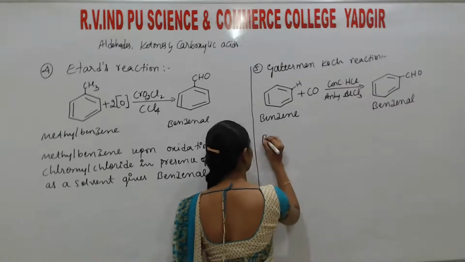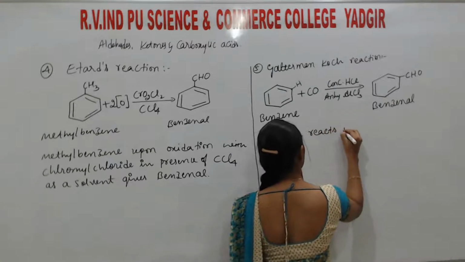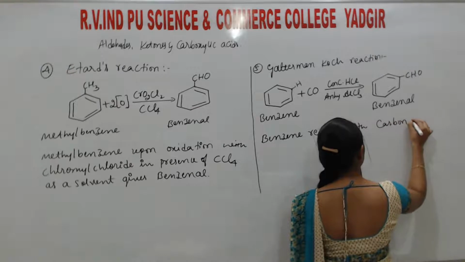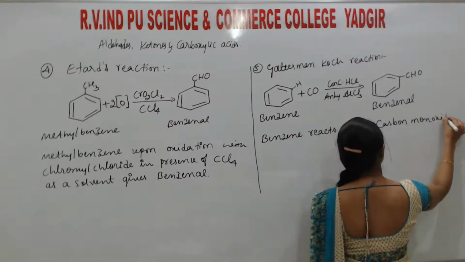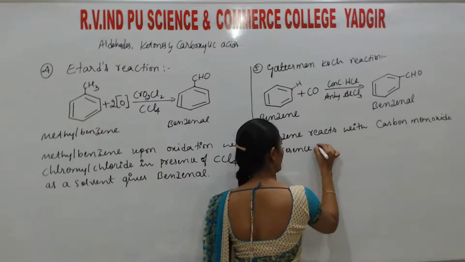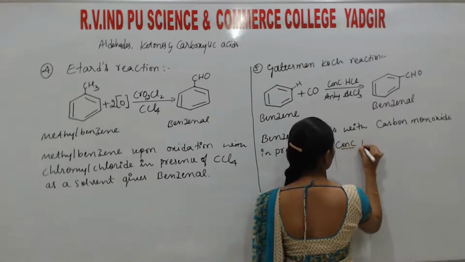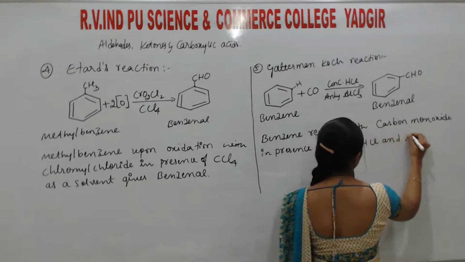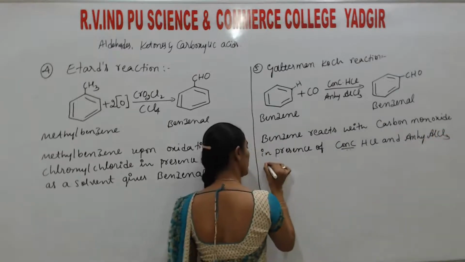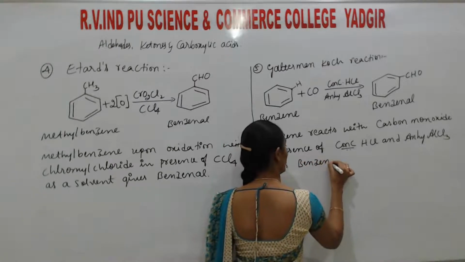Okay, so we write here: benzene reacts with carbon monoxide in presence of concentrated HCl and anhydrous aluminium chloride, gives benzaldehyde.